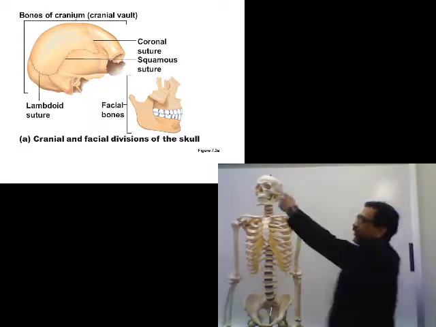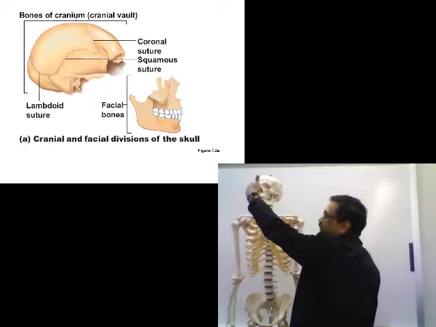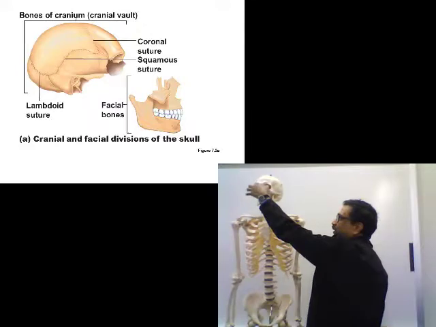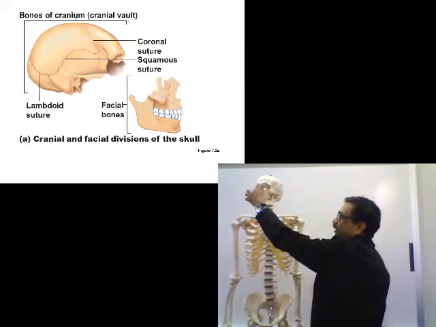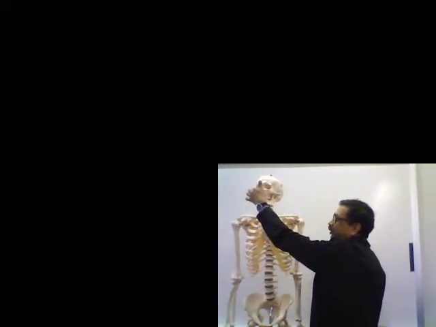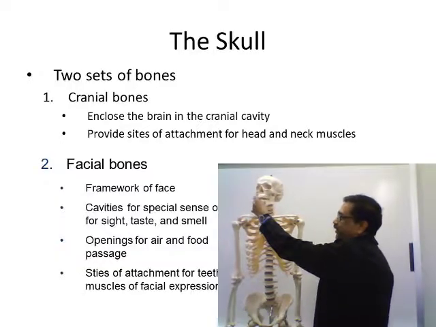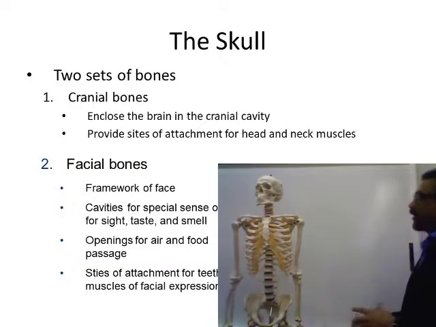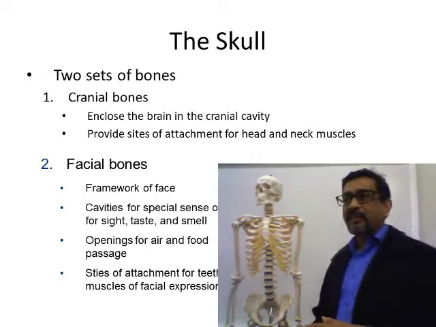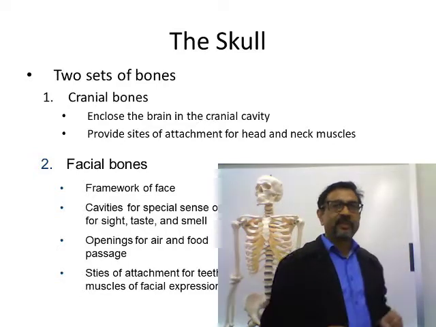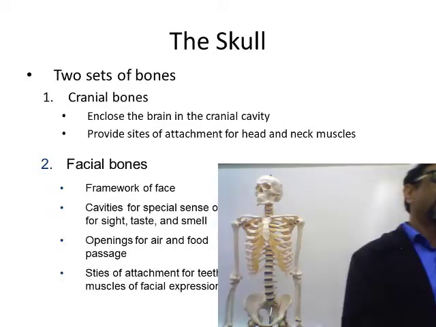You already know the orbital fossa for the eyeballs, right? The nasal cavity for the nose, the oral cavity for the tongue and other structures. So those important sensory organs are housed in the cavities formed by the facial bones.